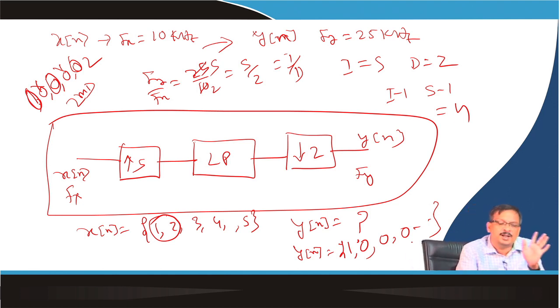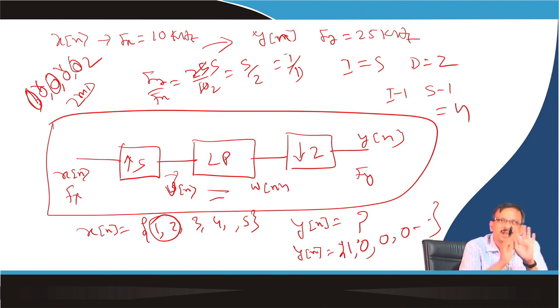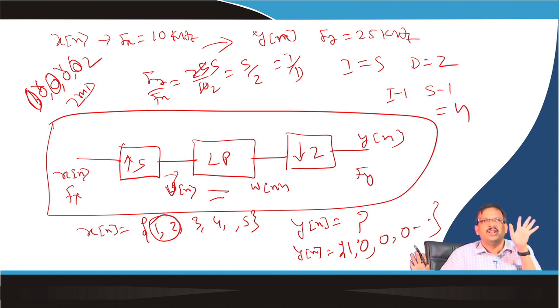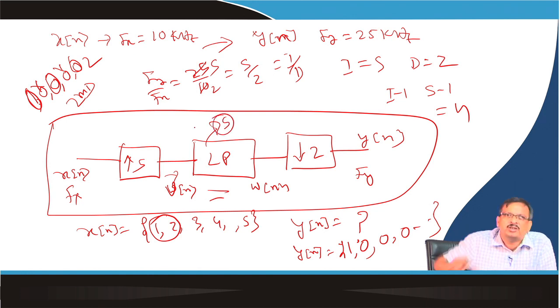Okay, let us say the low pass filter input is v of m and output is w of m, and let us say v of m is equal to w of m. If the LP does not change the sample values, but basically they will be changed because of the low pass filter. Interpolation will happen and the samples will be changed. So, let us say LP is nothing but a summation of successive 5 samples. So, you can do it that way.